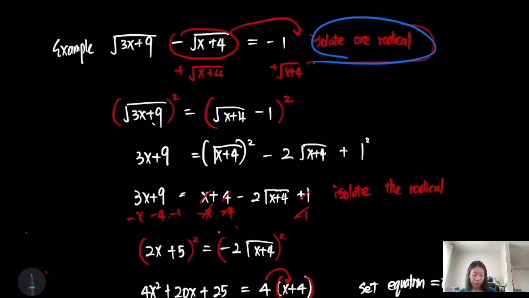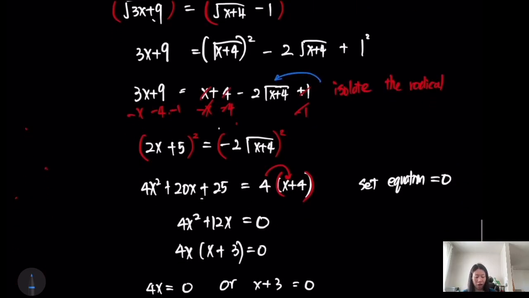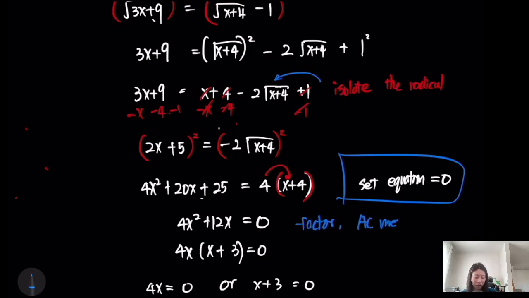And then you repeat the same thing because you will see another radical, and you isolate that radical again and see if you need to raise it to the second power, third power, or fourth power. And then you set the equation equal to 0. You can either factor it, use the AC method, or apply the quadratic formula to solve the equation. So that's it for this chapter.